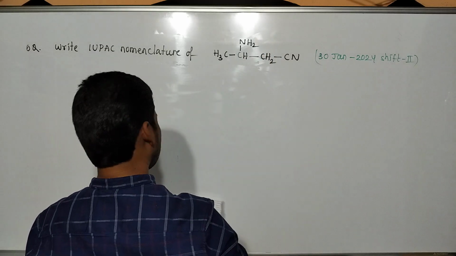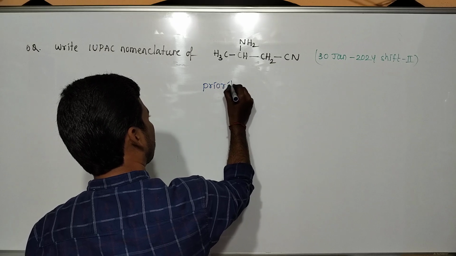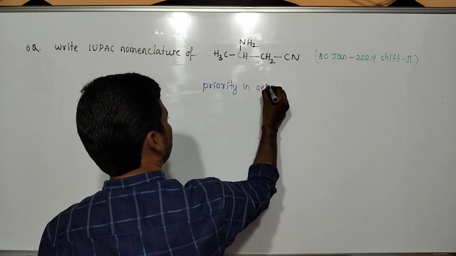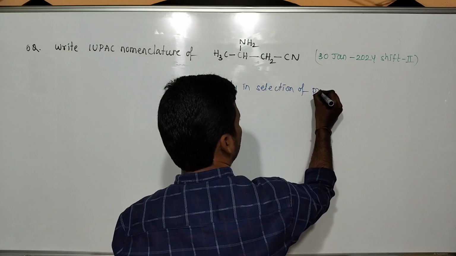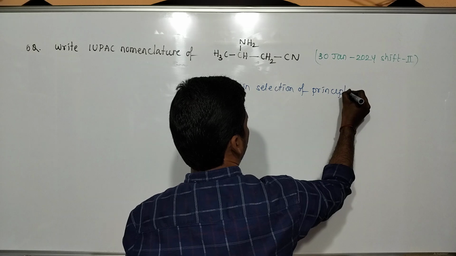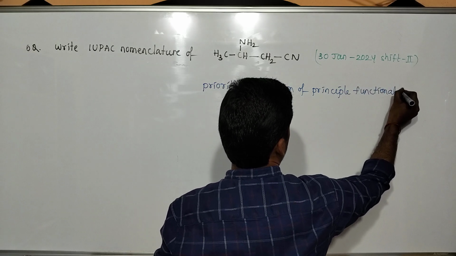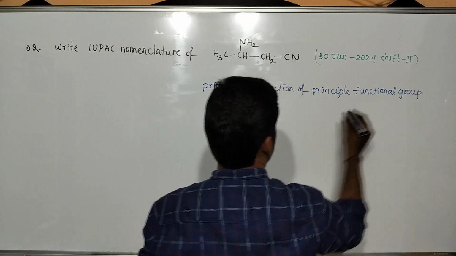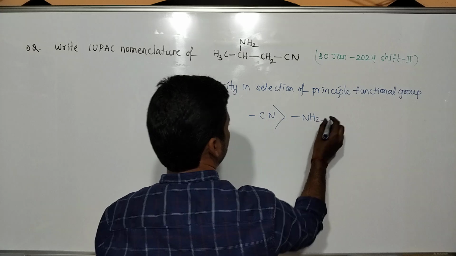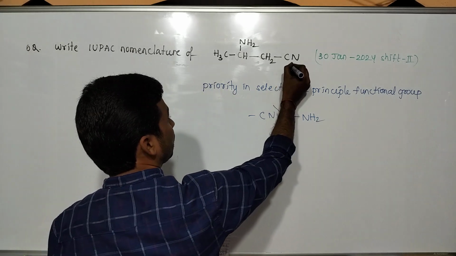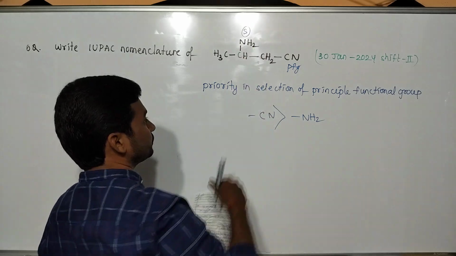So priority order in selection of principal functional group: cyano has more priority than the amine group. So this will become the principal functional group, and this will become the substituent.